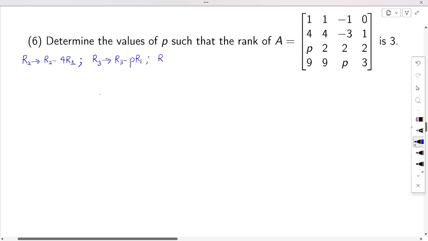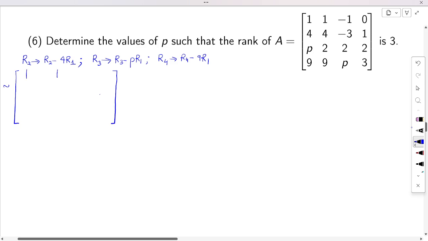And on row 4, apply row 4 minus 9 times row 1. After performing all these operations, we get this matrix.